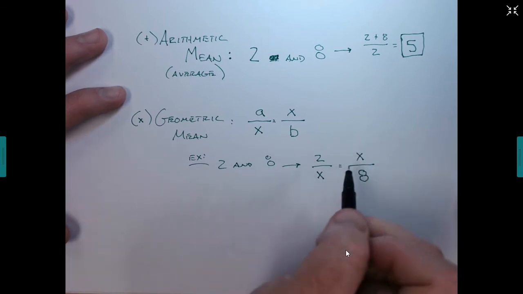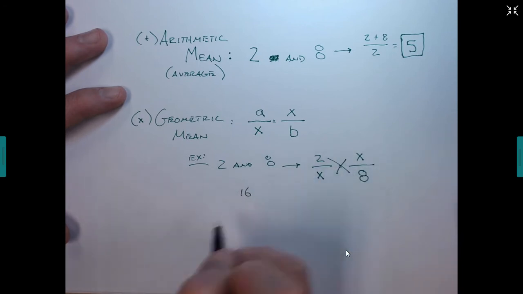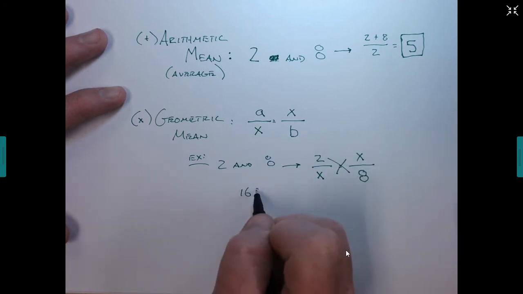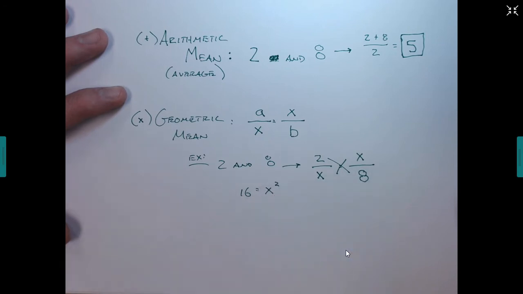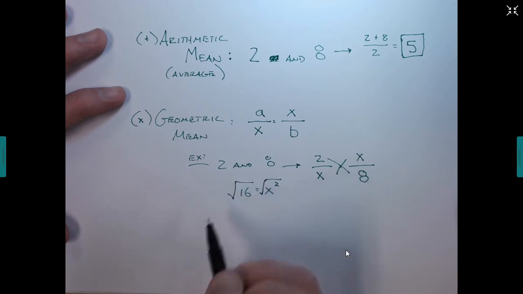So if I want to find the geometric mean, I would cross multiply. 2 times 8 would give me 16, and x times x would be x squared. I'm going to square root both sides.